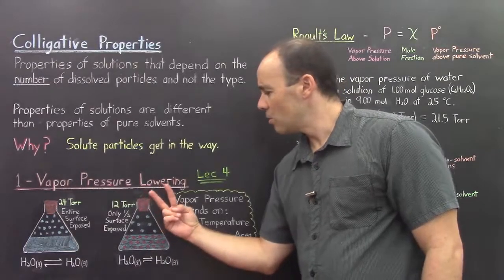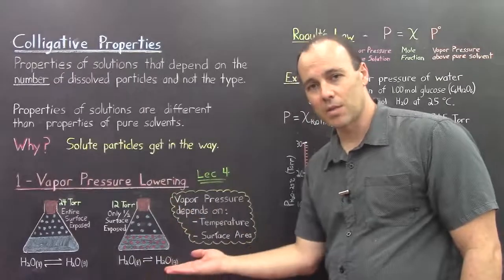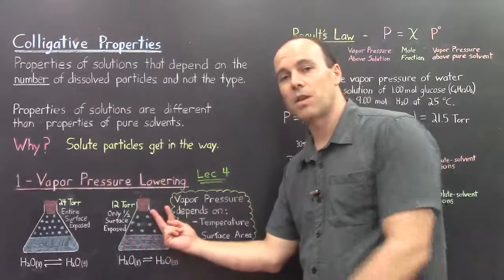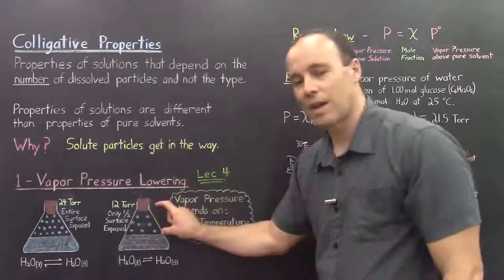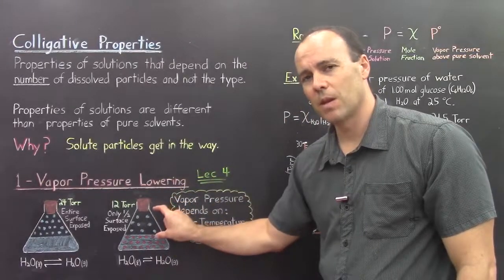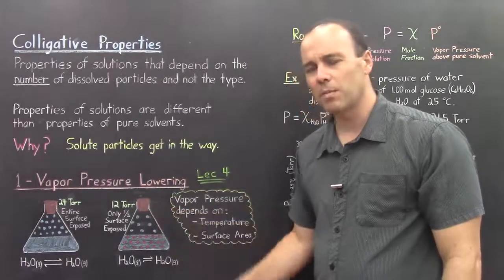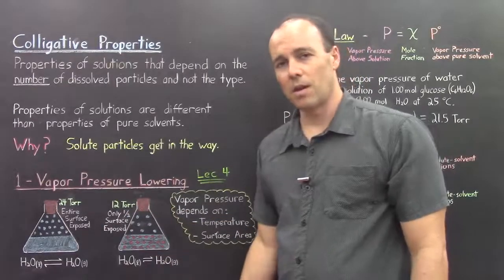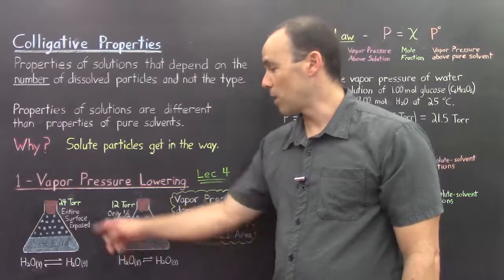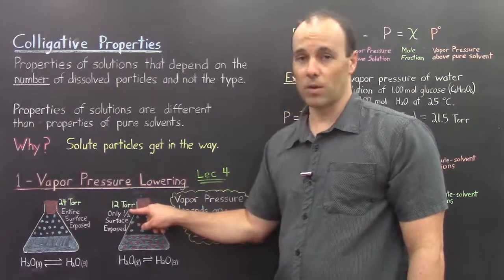And when you let this system settle down, the rate of vaporization will equal the rate of condensation, and you'll have a less amount of vapor up here. So the vapor pressure would be quite a bit lower. Depending on how much solute you have dissolved, you might see the vapor pressure decrease to only 12 torr.